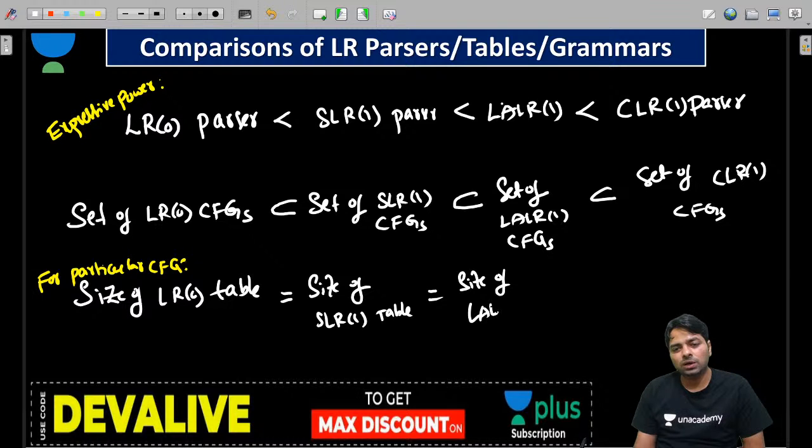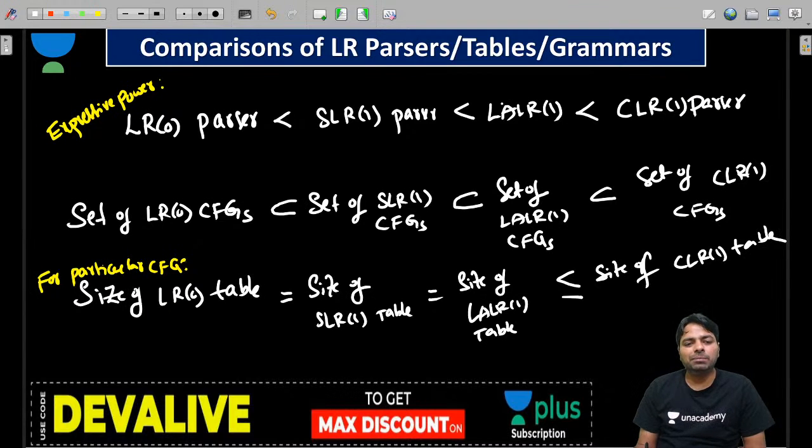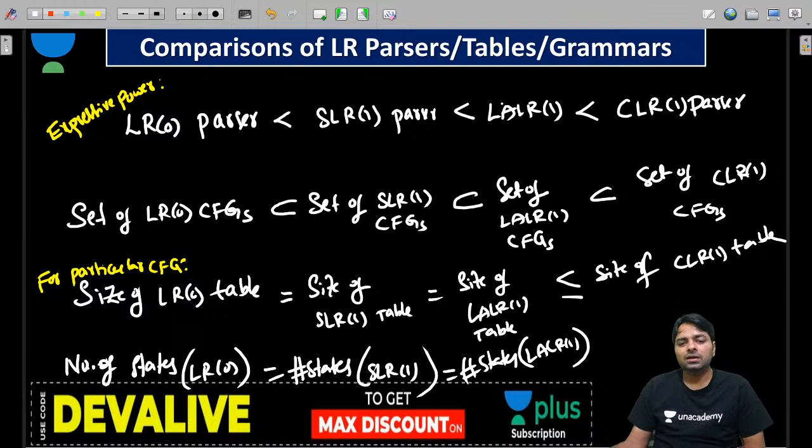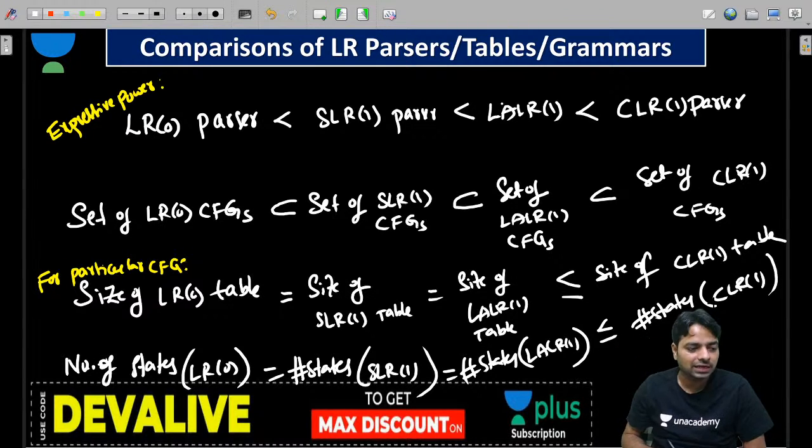Size of LALR1 table is less than or equal to size of the CLR1 table, theoretically I am talking about; practically we can decide how we implement. And if you look at the number of states in the diagram, number of states of LR0 is obviously equal to number of states of SLR1 for the particular grammar. Again here the number of states of LALR1 is less than or equal to the number of states of CLR1. The size indirectly depends on the states of the graph.